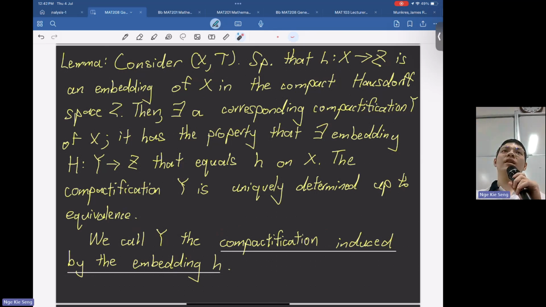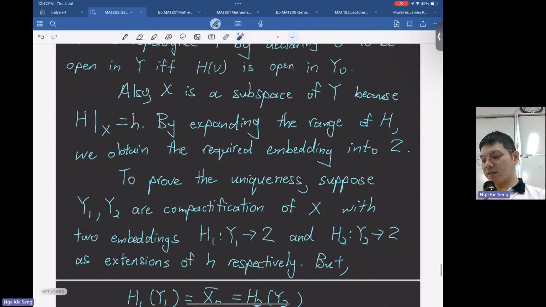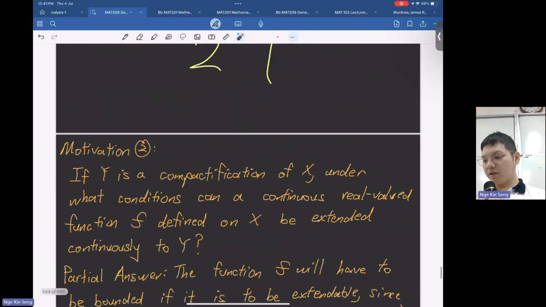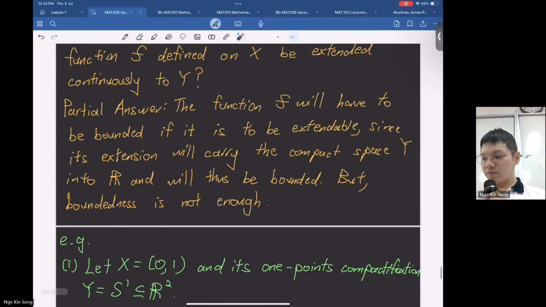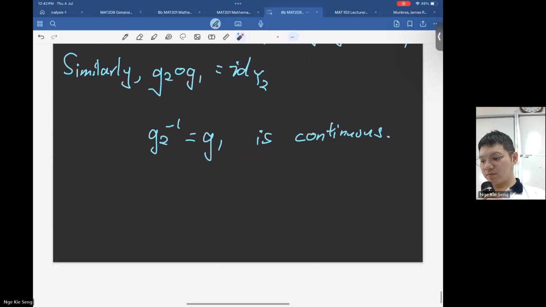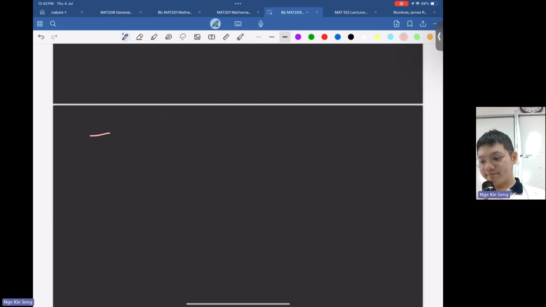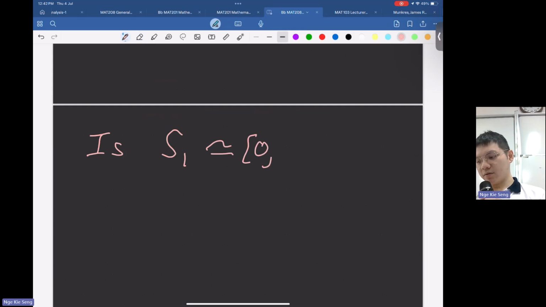One is connected, the other is not connected. Eh, still connected. Okay, let me ask you a question. Is S1 homeomorphic to the closed interval 0 1?